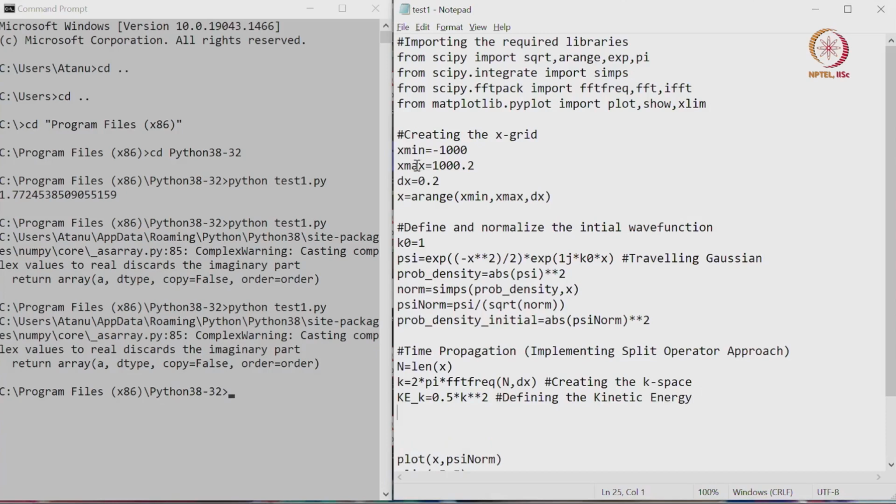Once the kinetic energy definition is over, then I can now define the NT. Now NT is the total number of steps I am going to carry out.